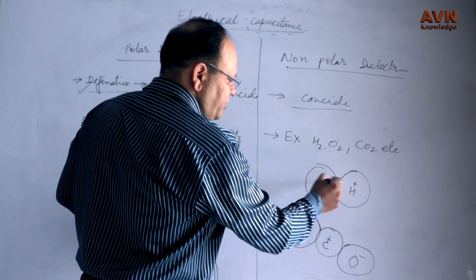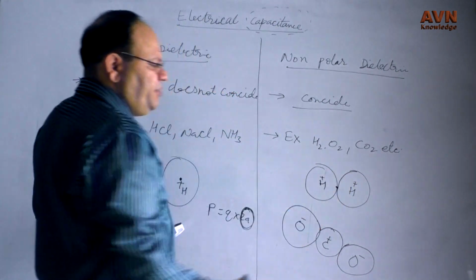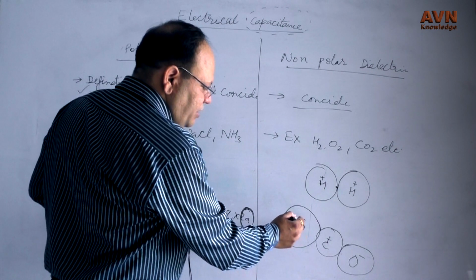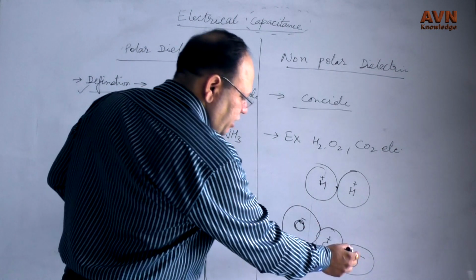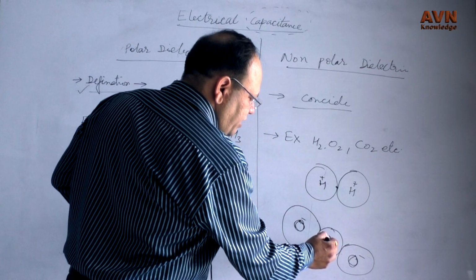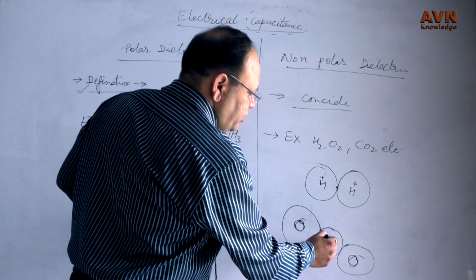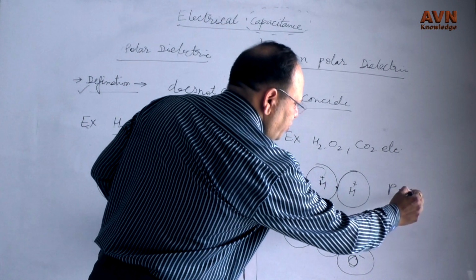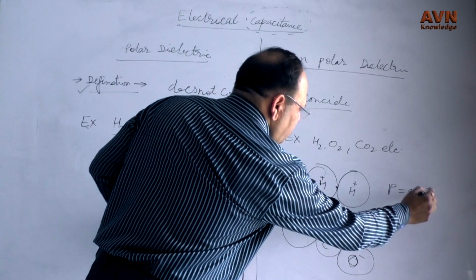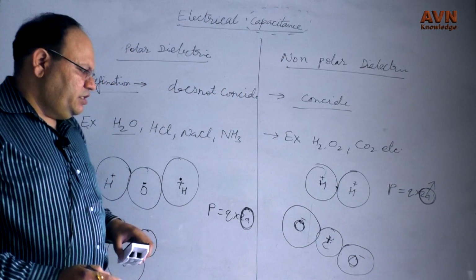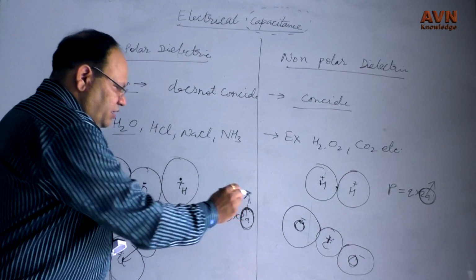The center of mass of negative charges is here, and the center of mass of positive charges is here. So they coincide with each other. When you calculate P equal to Q into 2a, the 2a is 0 because they coincide, whereas here they are separated.